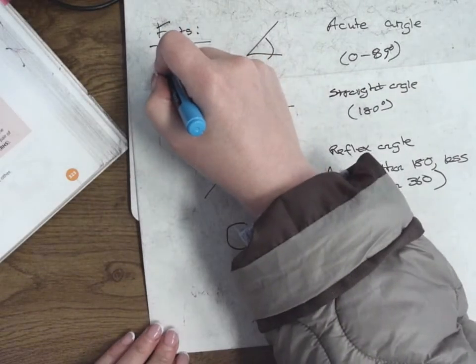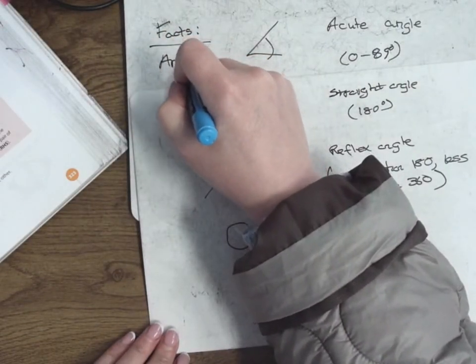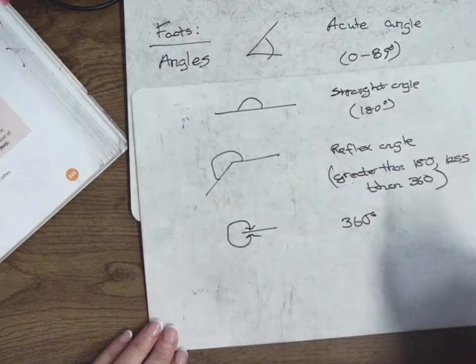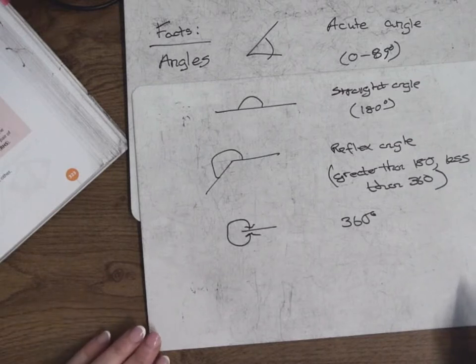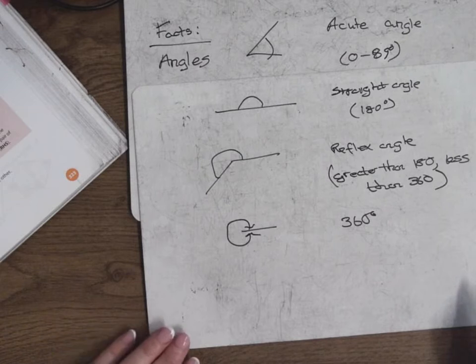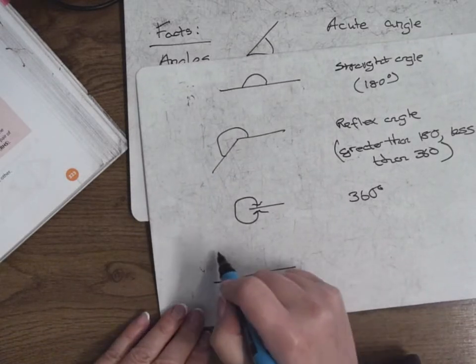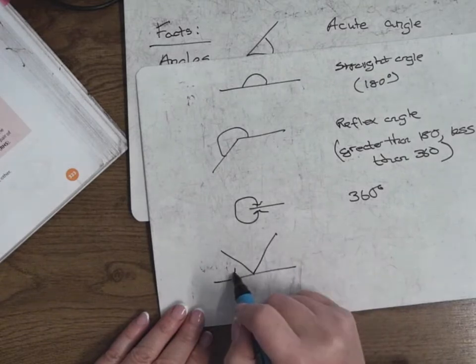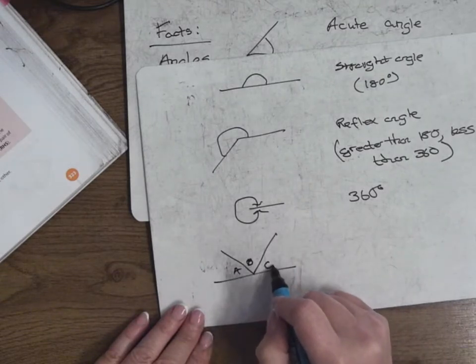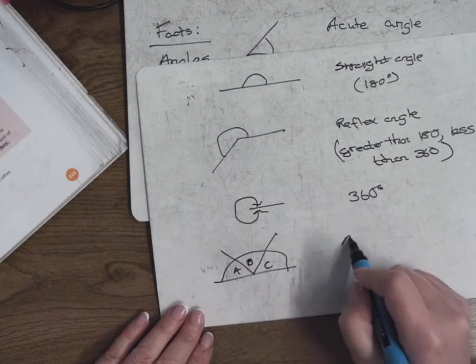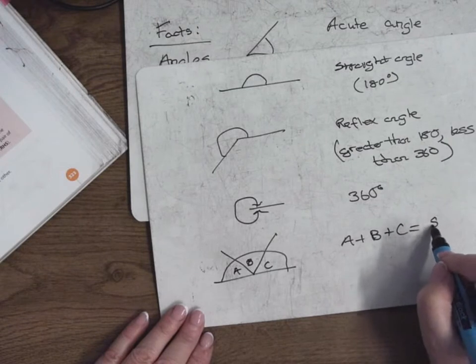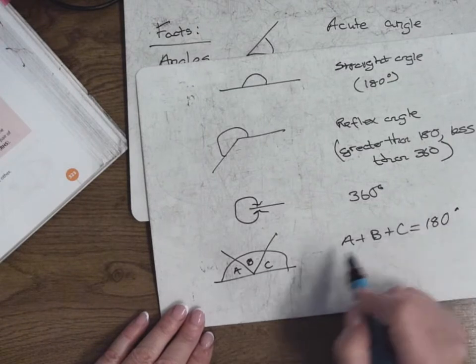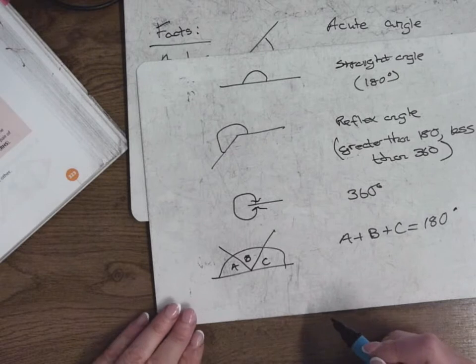You know the way I put facts there, I might just put angles underneath that. So, facts about angles. I have more. If we have three angles that make up a straight line, A plus B plus C will add to 180. So if a load of angles make up a straight line, they add up to 180.